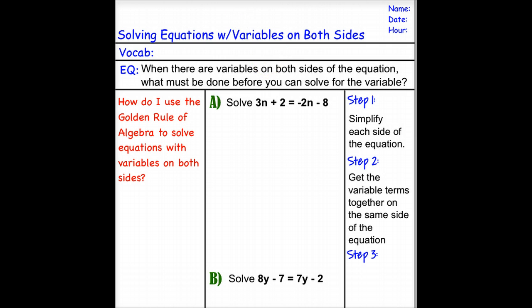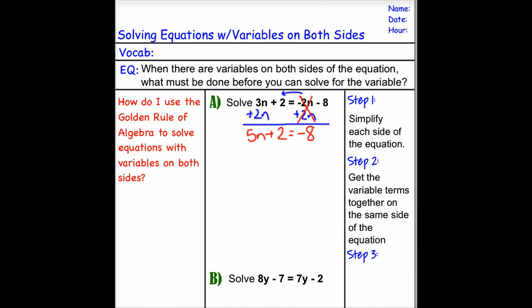To get rid of negative 2n, we want to add 2n, and so we'll add 2n to both sides. That allows us to cancel this negative 2n on this side, leaving me with negative 8. And on the left side, we have 3n plus 2n, which is 5n plus 2.